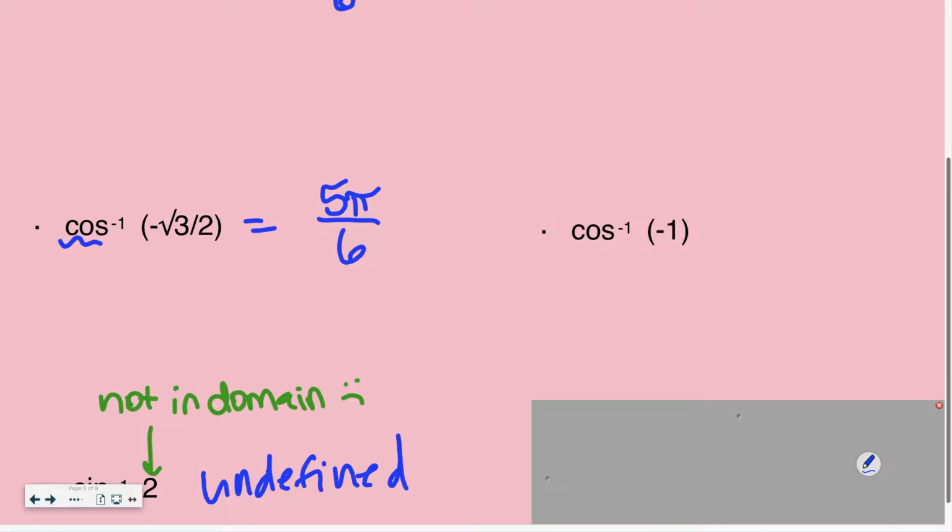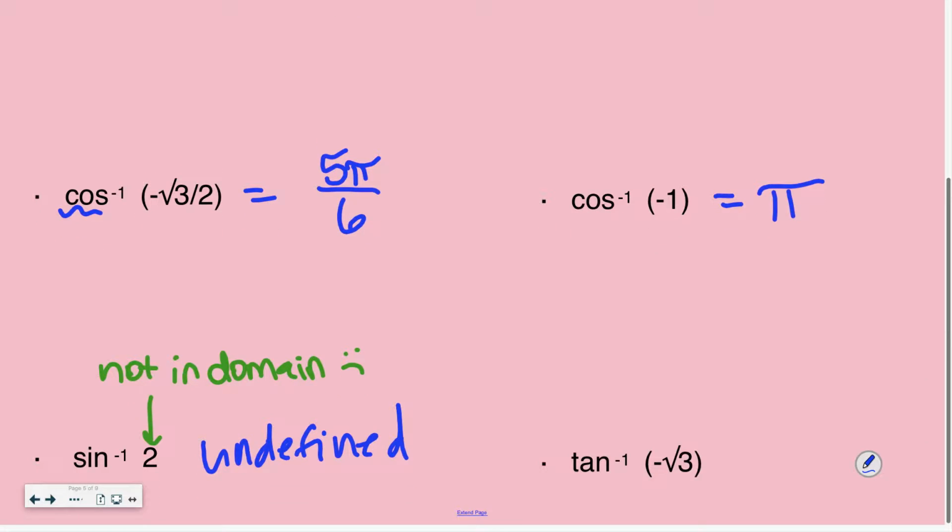Inverse cosine of negative 1. Where is the cosine ratio negative 1? Pi. Very good. Last but not least, the inverse tangent of negative radical 3.